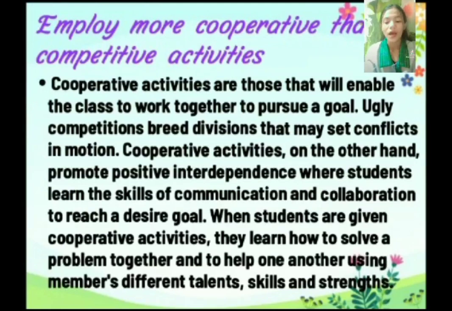Cooperative activities are those that will enable the class to work together to pursue one goal. Competitions breed divisions that may set conflicts afterwards. Cooperative activities, on the other hand, promote positive interdependence, where students learn the skills of communication and collaboration.